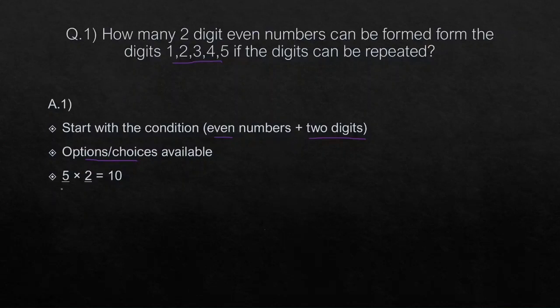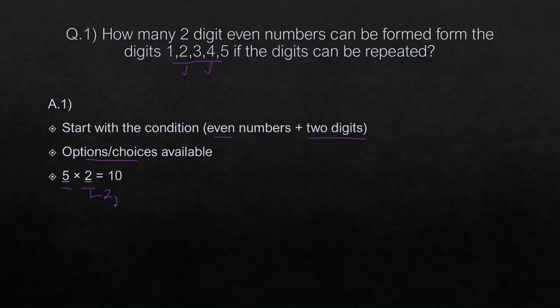Now we'll draw 2 dashes because we know that the number is of 2 digits, and at the ones place we can write even numbers 2, 4, 6, etc. But here we can write only 2 digits, either 2 or 4, because we cannot use digits other than these. So here we'll write 2 at the ones place.